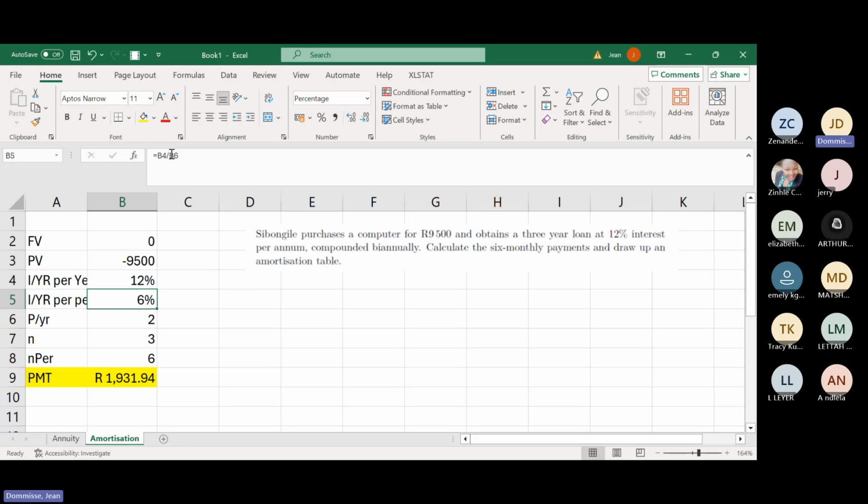It then also said twice per year or biannually, so we know that it's 6 periods, and then we will see that we get that PMT, that every 6 months the payment will be 1,951 rand. So again, we could use your financial calculator. You can use your formula page. You will get exactly the same answers.